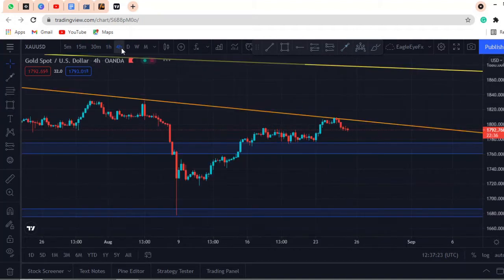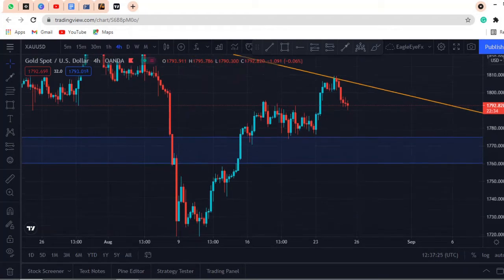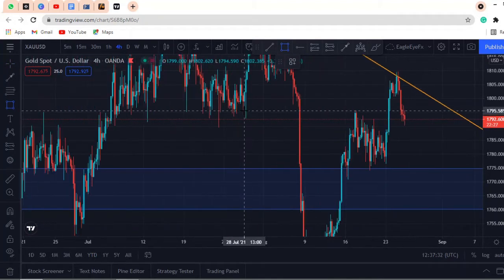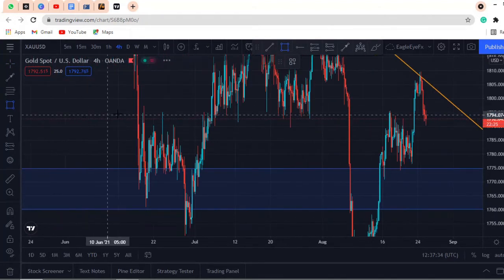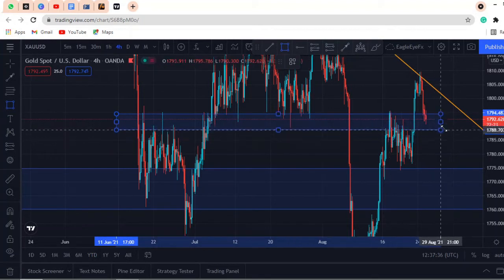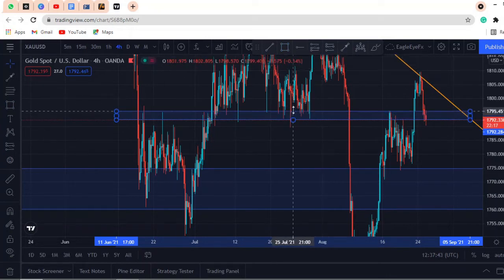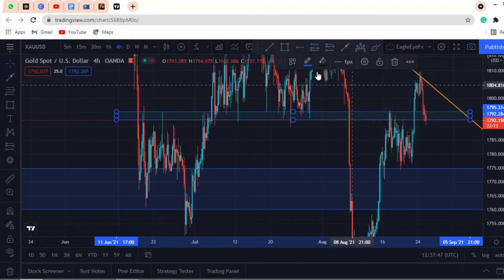Let me go to the 4-hour time frame. On the 4-hour time frame, I see something here. I want to draw this level here, and maybe let me change the color.